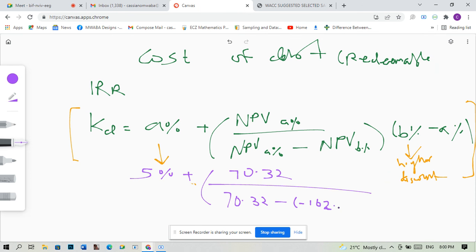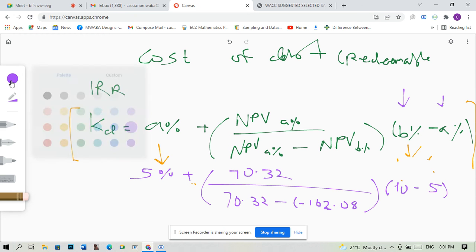Then we're going to open bracket, close the brackets here, and B% minus A%. This B% is the 10% for the discount rate, 10% minus 5%. This is the higher discount rate, lower discount rate.